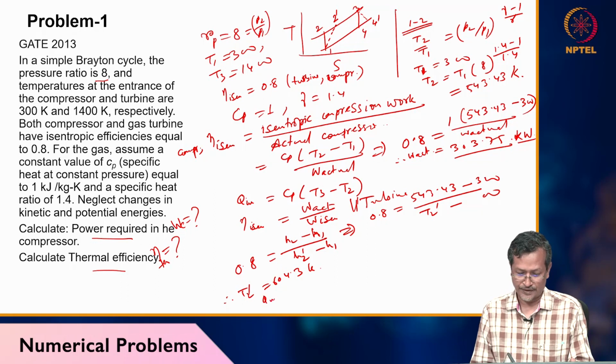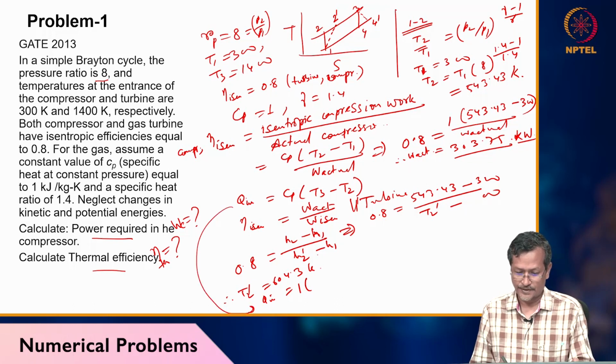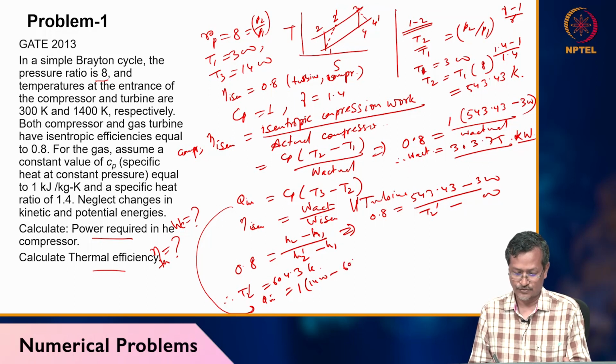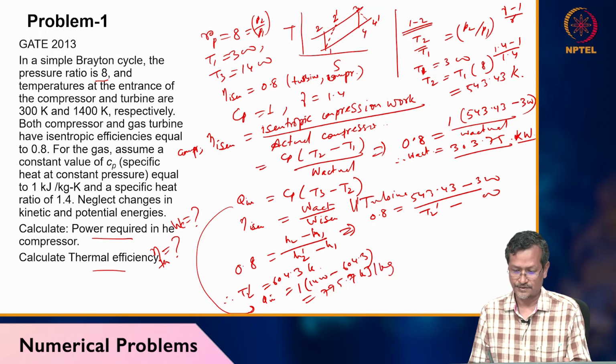So Q in equals 1 into T3 minus T2 dash. T3 value we know is 1400, and T2 dash value we just calculated as 604.3. So this gives 795.7 kJ per kg.